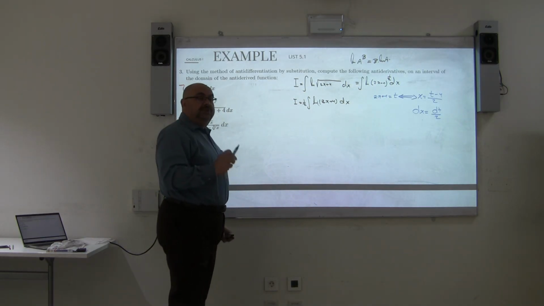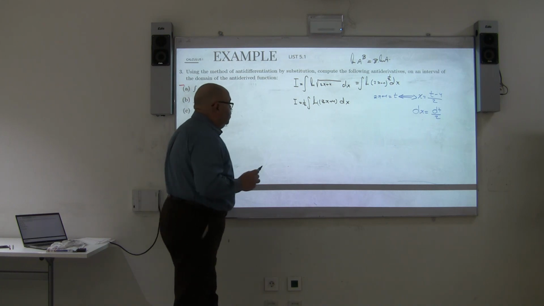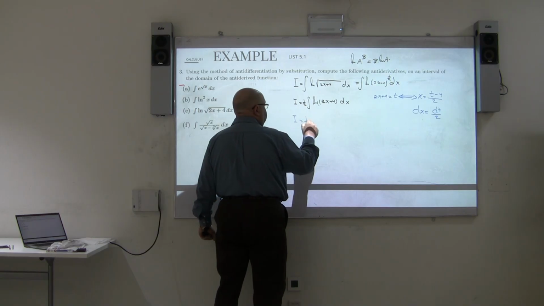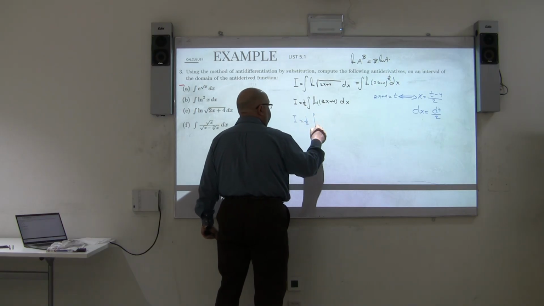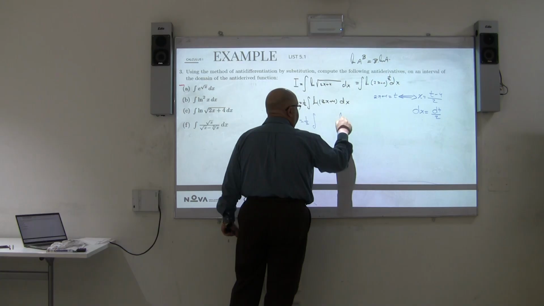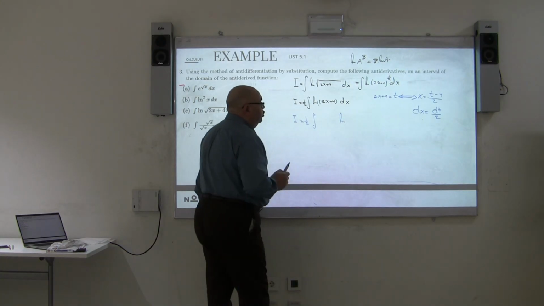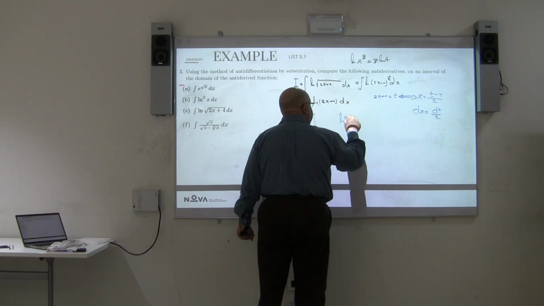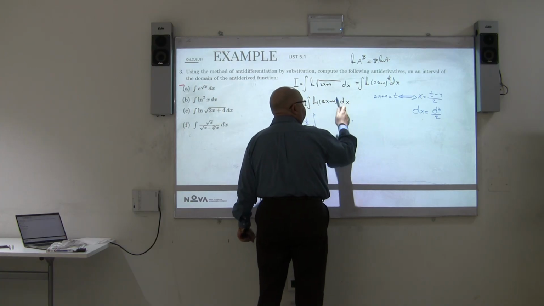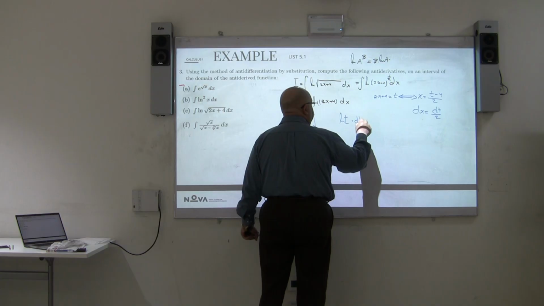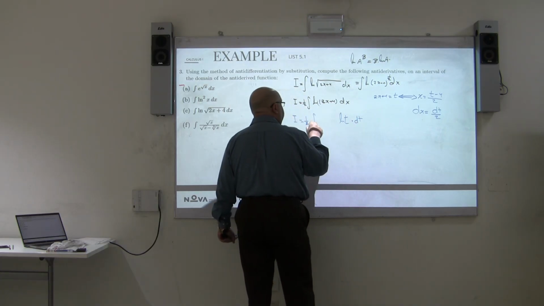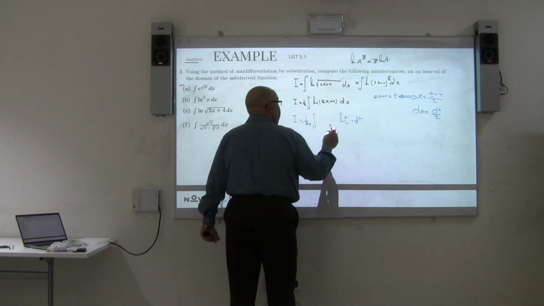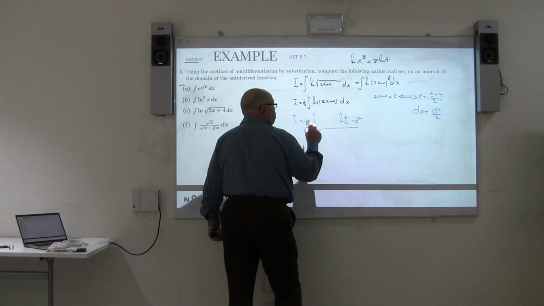Now I can do the substitution exactly as I showed you, which is going to be I equal to the half, the integration, and I will change 2x plus 4 to t, so it's going to be ln t times, replacing dx by dt over another 2, so this number is going to be 4.